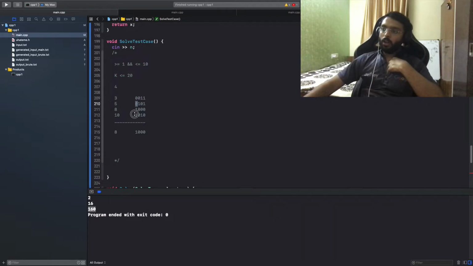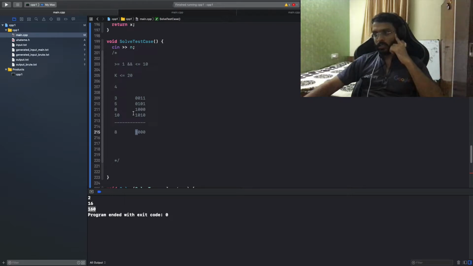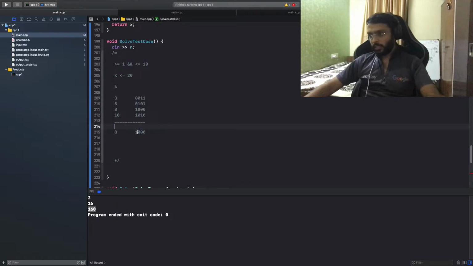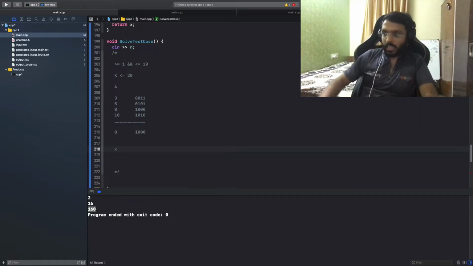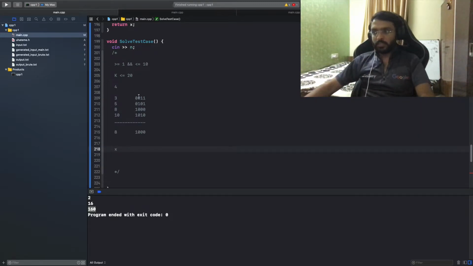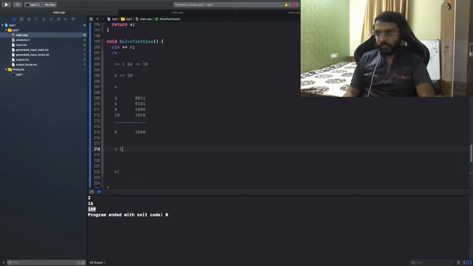Okay, so all the ones will become zeros due to the XOR. Even if there are numbers greater than this, they will remain the same, and all the zeros will become one. So let me say that for this particular binary digit, where we have one, let's say I have x number of ones over here, x ones and y zeros.